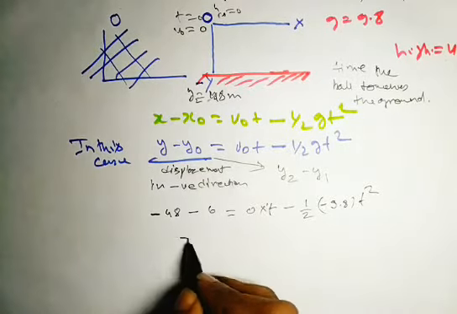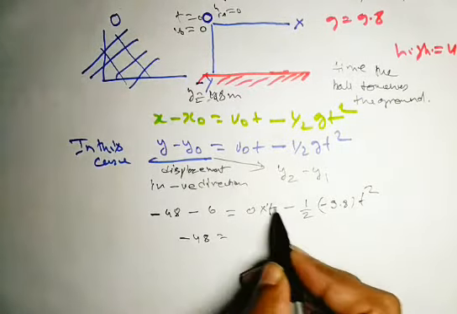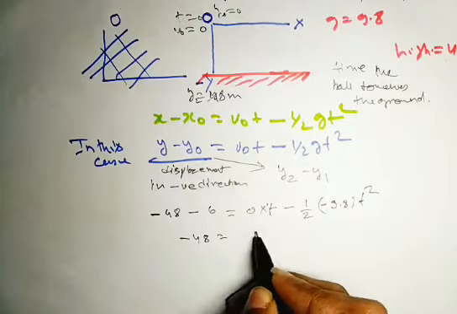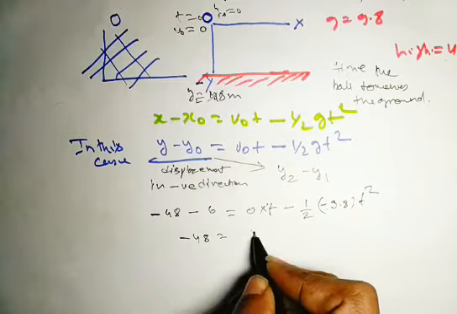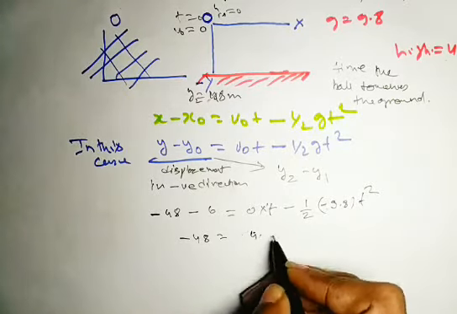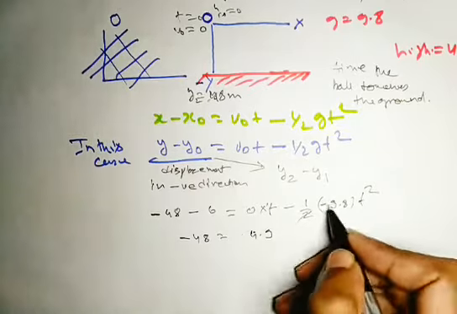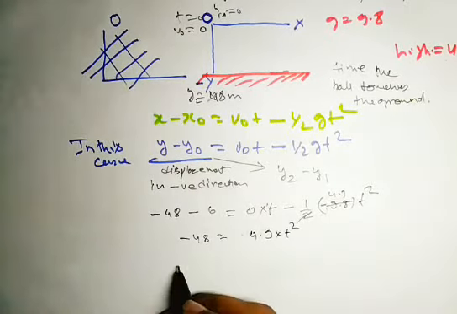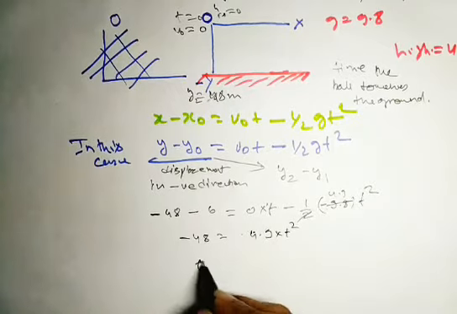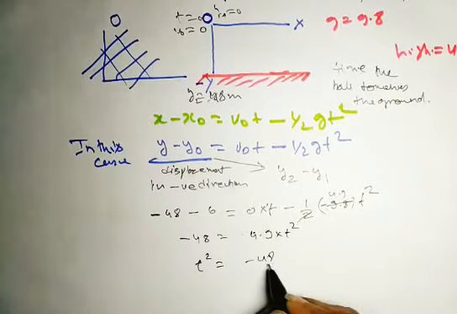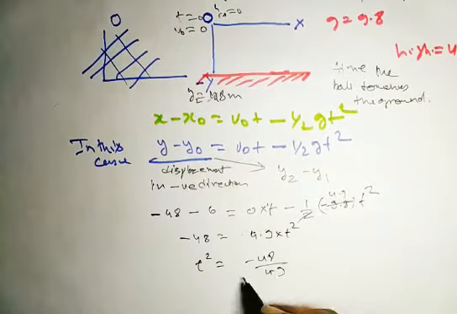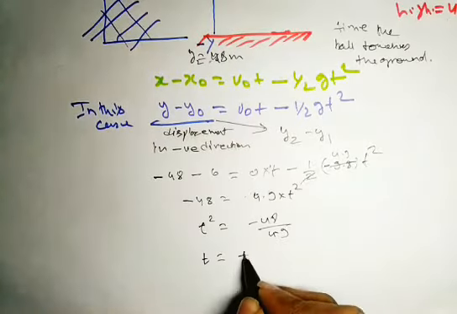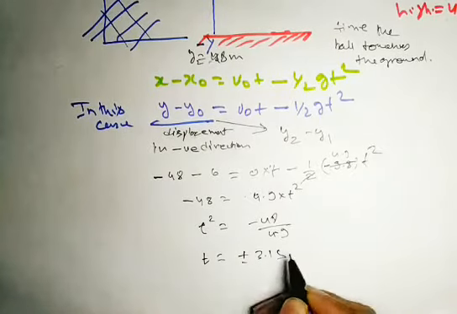Then it will become 48 equal to 0 into t, which is 0, minus 4.9 into t square, and t square is equal to 48 upon 4.9. So t equal to plus or minus 3.1 seconds.